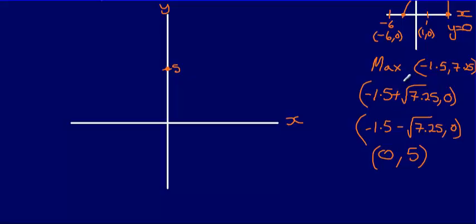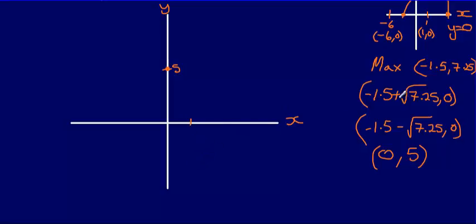And now let's take a look at this coordinate here. So let's plot this point. We've got negative 1.5 plus root 7.25, 0. So negative 1.5 plus the square root of 7.25, the square root of 7.25 is going to be between 2 and 3. So we're looking at an answer of about 1 there. So we're going to write it just here.